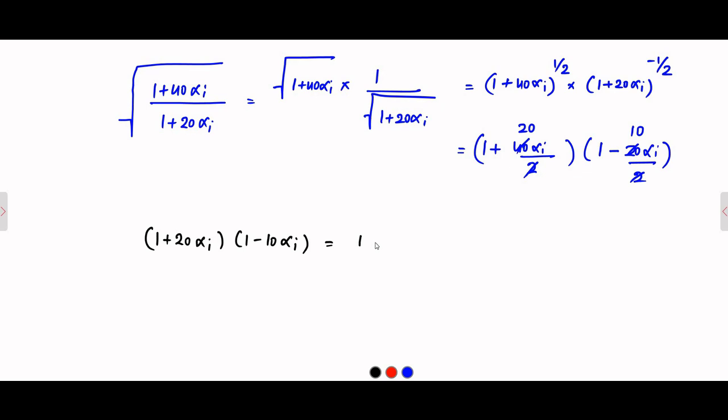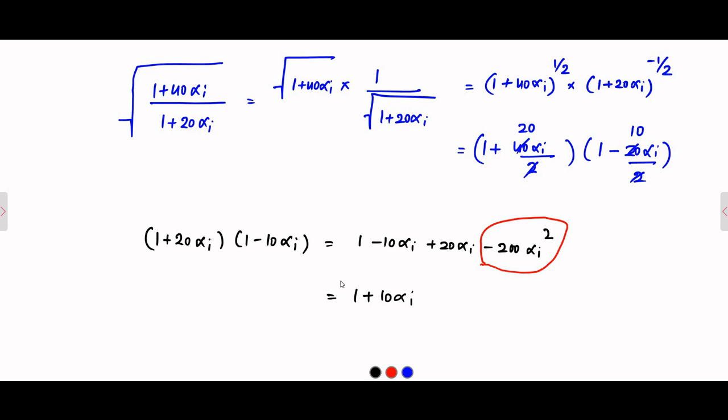So it becomes 1 minus 10 alpha l plus 20 alpha l minus 200 alpha l square. Since alpha l, the linear expansion coefficient for iron, is very small, we can neglect this square term because it will be very small. So here it becomes 1 plus 10 alpha l.